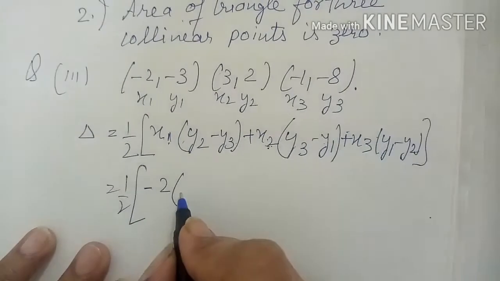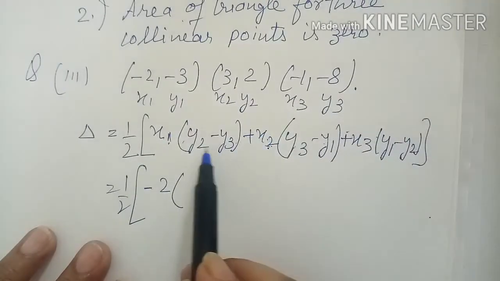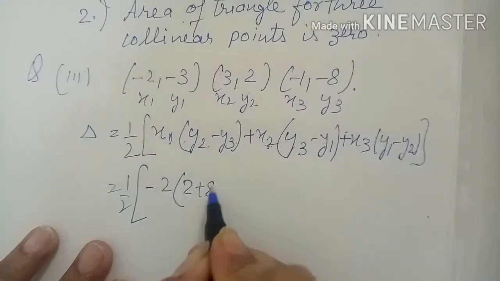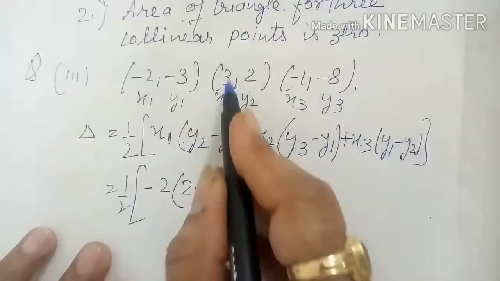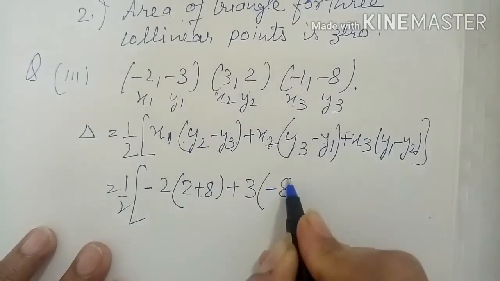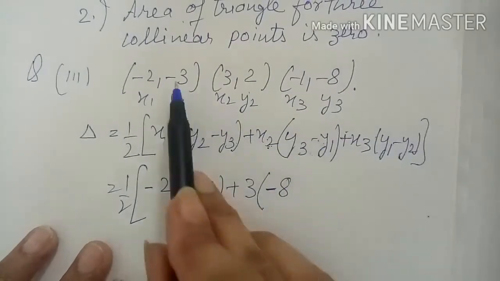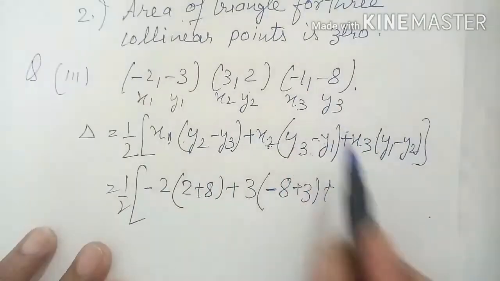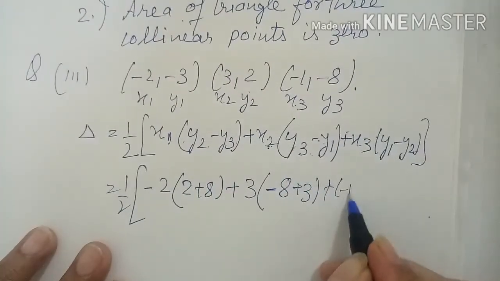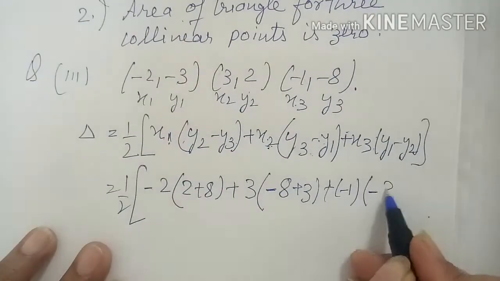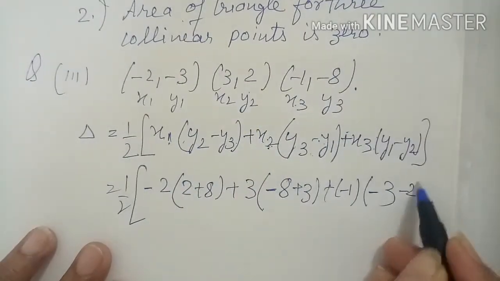Yes, so now I have written x1 y1 x2 y2 x3 y3, then we will substitute the values: minus 2, then y2 minus y3, it will be 2 plus 8, then x2 it will be 3, then y3 minus y1, which is minus 8 minus 3... then minus and minus it will be plus, then x3 it will be minus 1, and then y1 minus y2.